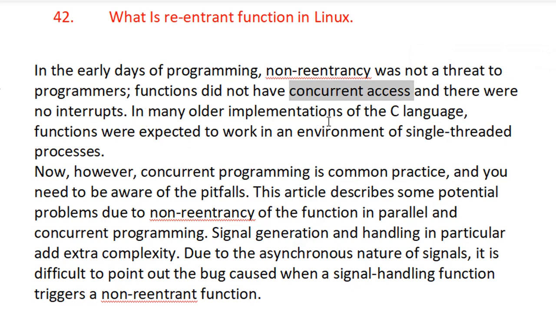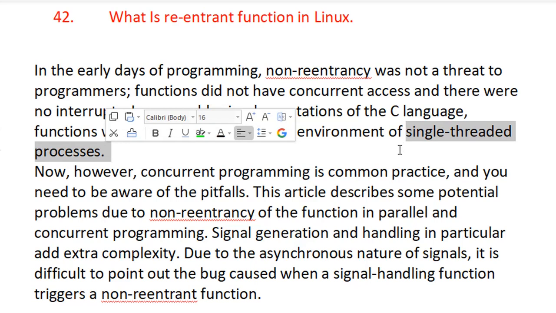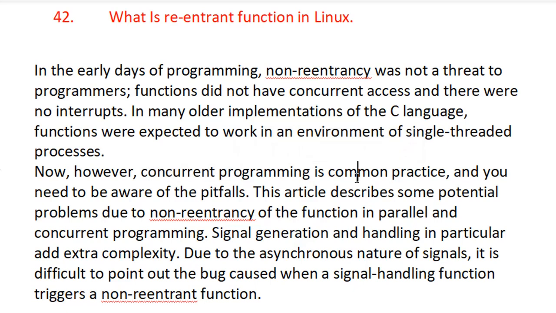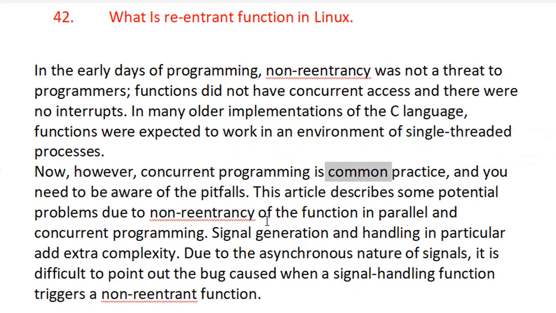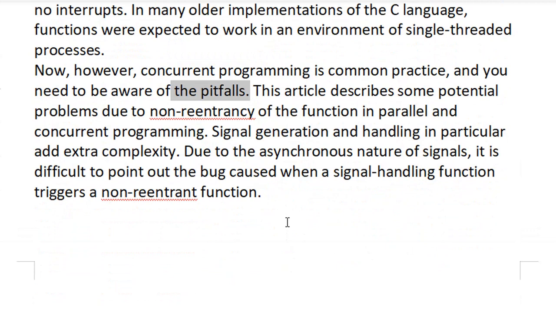In many older implementations, functions were expected to work in an environment where single-threaded processes are executing, like in DOS. So only one process is executing, there is no multi-threading at all. However, now concurrent programming is a common practice. Now everywhere we are using concurrent programming. So we have to be a little aware of all the common things we have to take care of when we are writing the reentrant function.